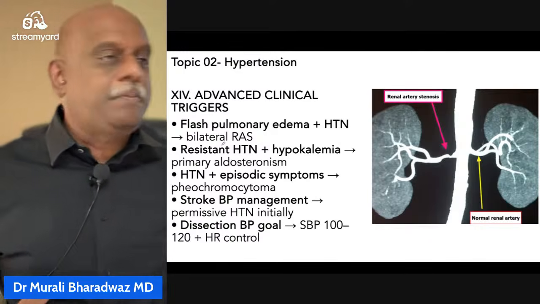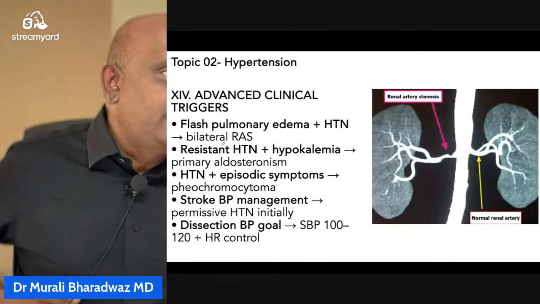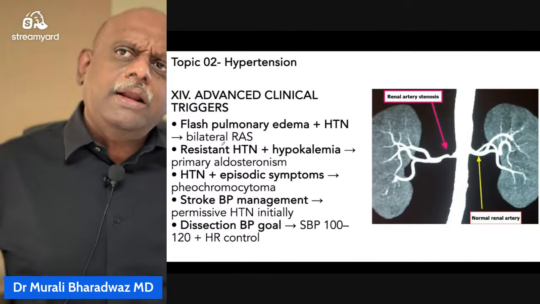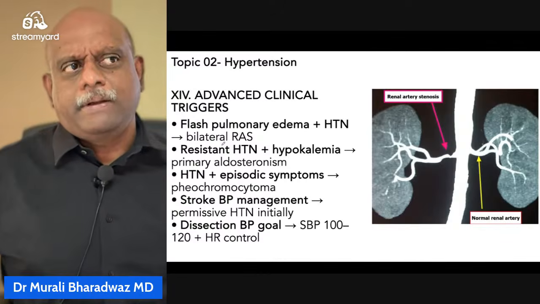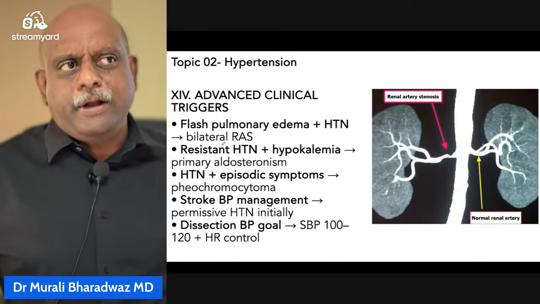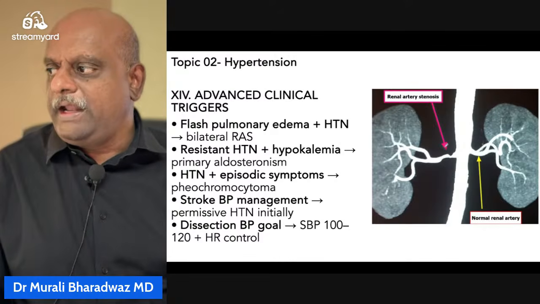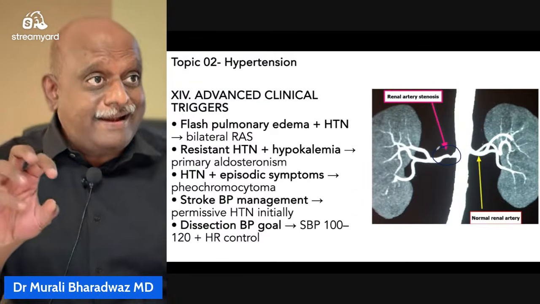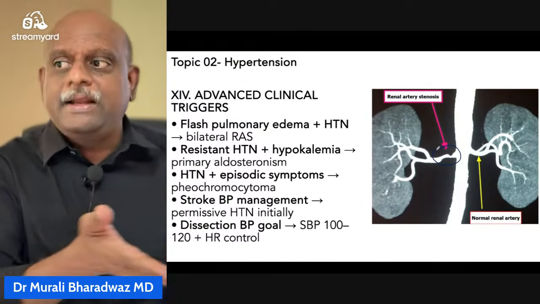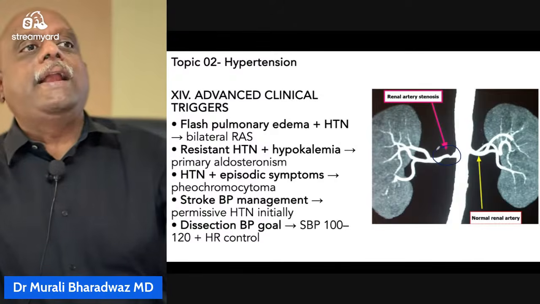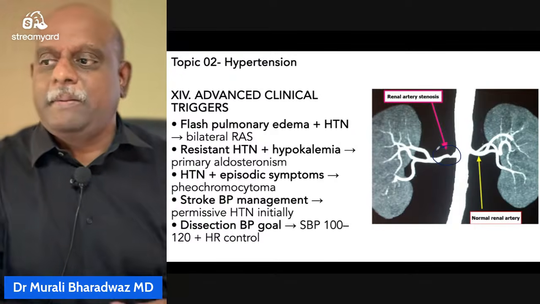That's called flash pulmonary edema. Regular hypertension does not lead to pulmonary edema. If there is a pulmonary edema, something fishy. What is that fishy? Whenever any patient has a bilateral renal artery stenosis, that typically leads to flash pulmonary edema, is what you need to remember.